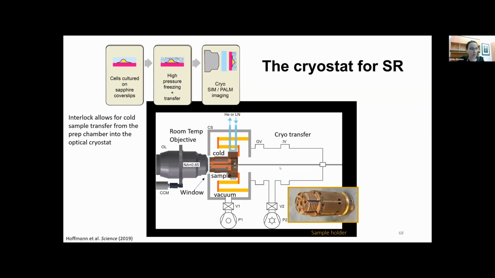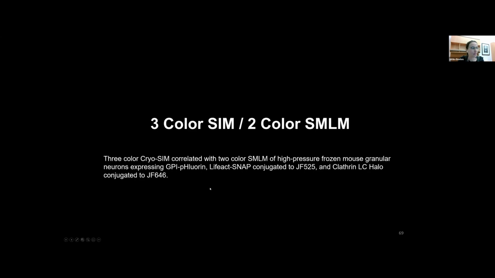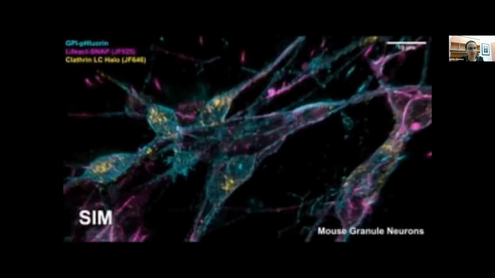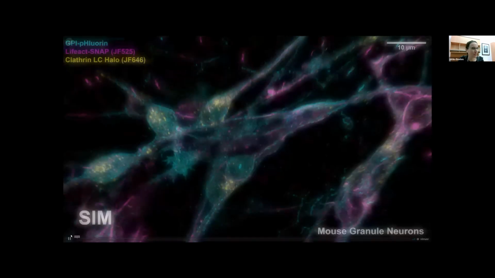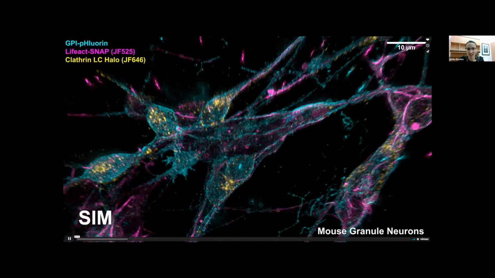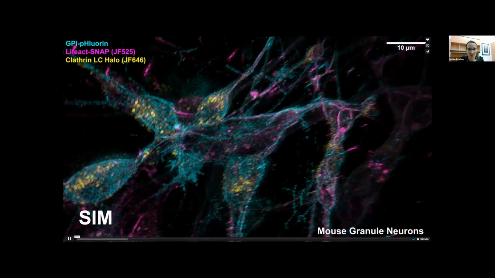Once the cryostat is in place, you can from the outside do, for example, structured illumination microscopy or even PALM microscopy. Here is one example of a 3-color SIM and 2-color single molecule localization microscopy image taken under cryo conditions. Again, I hope my computer does not crash.